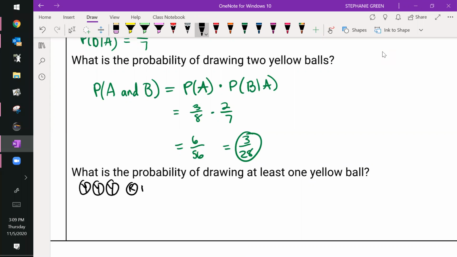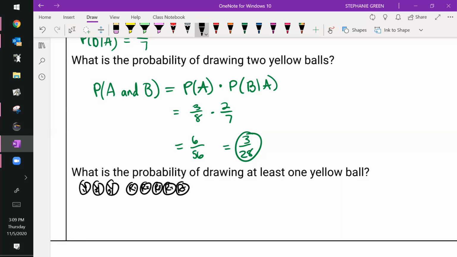So how many different ways could I draw at least 1 yellow ball? Well, I could have 2 yellow balls, and notice these balls are independent of each other. So I can call this yellow 1, yellow 2, yellow 3, red 1, red 2, red 3, red 4, and red 5. So I could draw any combination of these.